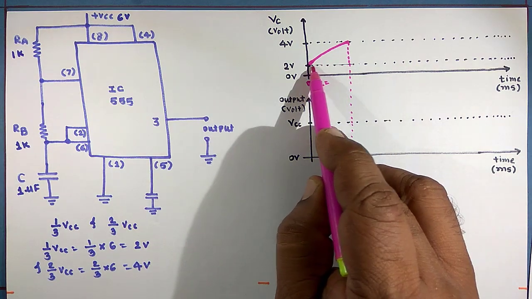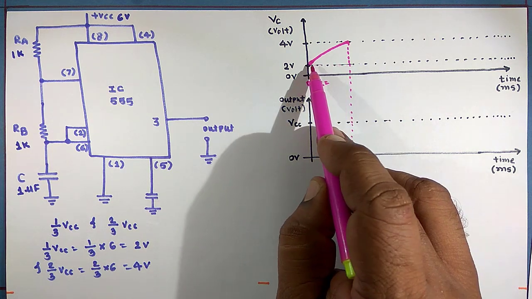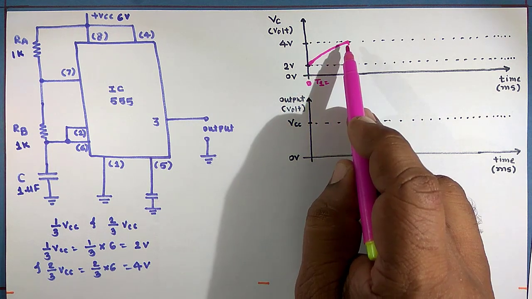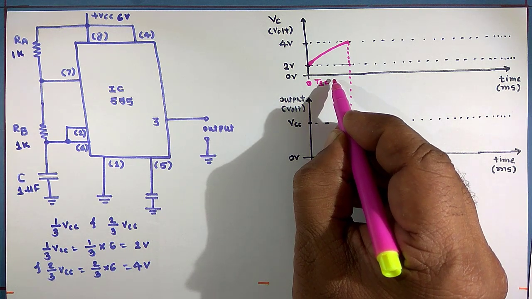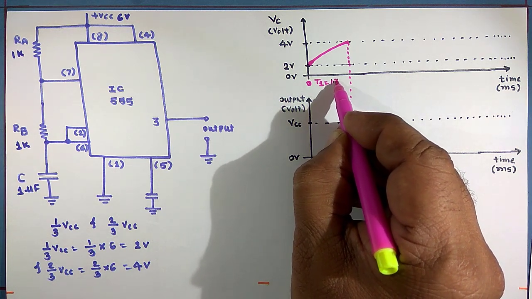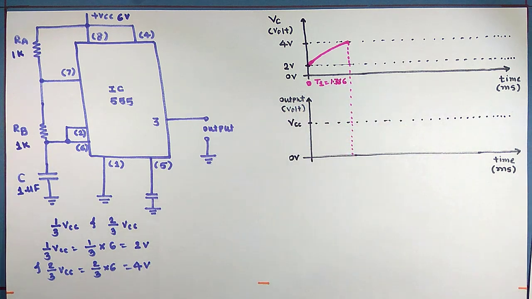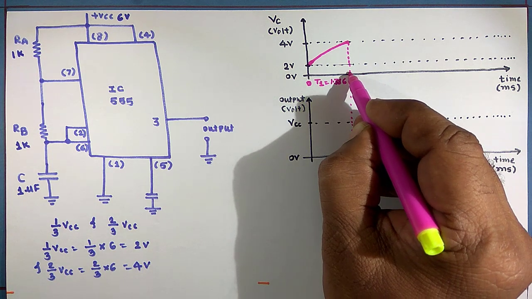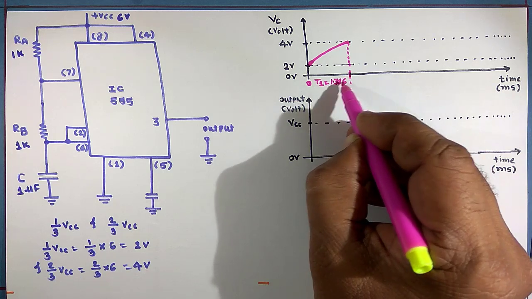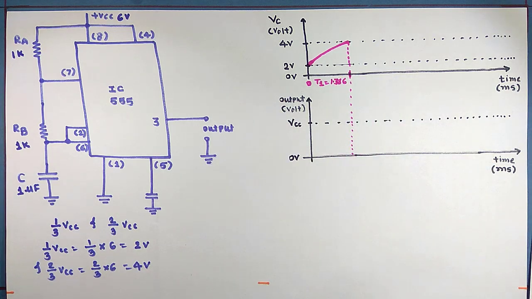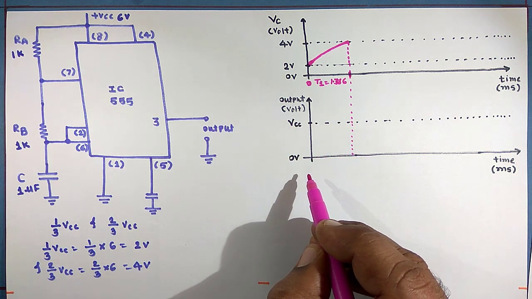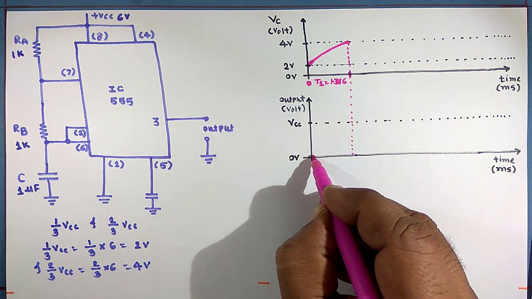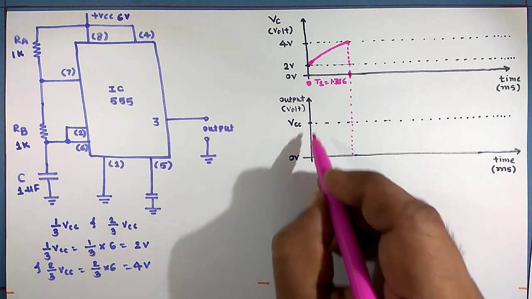This is 1.386 millisecond. Now when capacitor charges, output voltage is high.